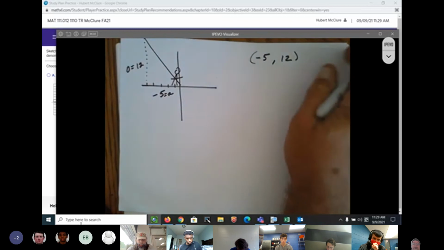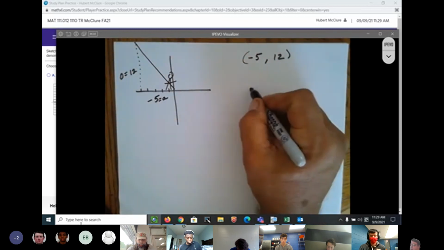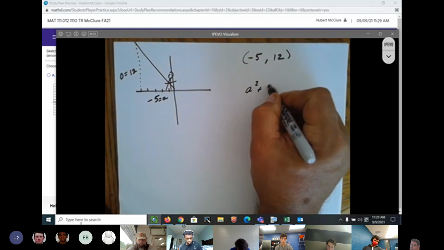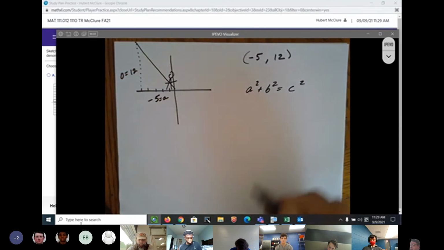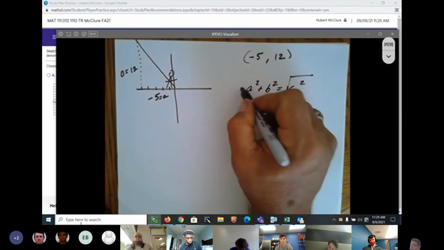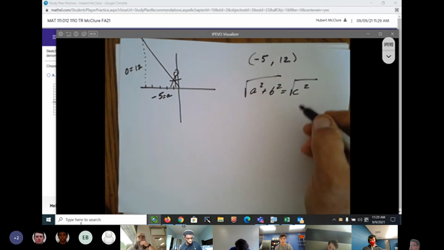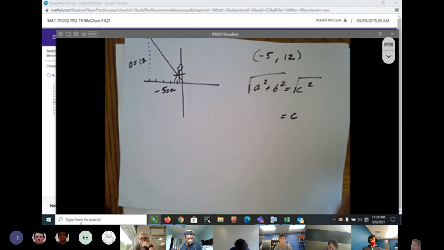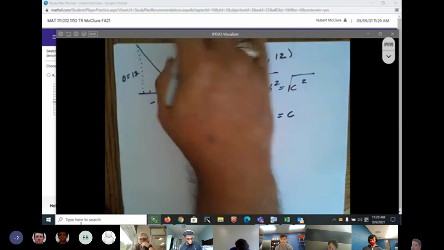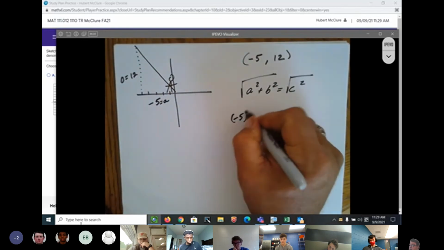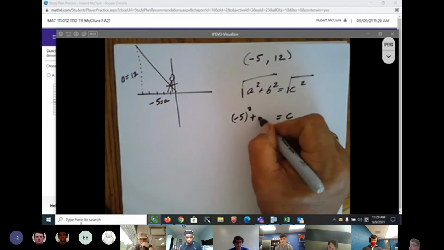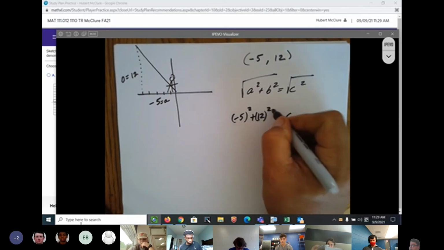Use our Pythagorean Theorem. A squared plus B squared is equal to C squared. We do not know C, so we are going to solve for C. So C is equal to the square root of -5 quantity squared plus 12 quantity squared.